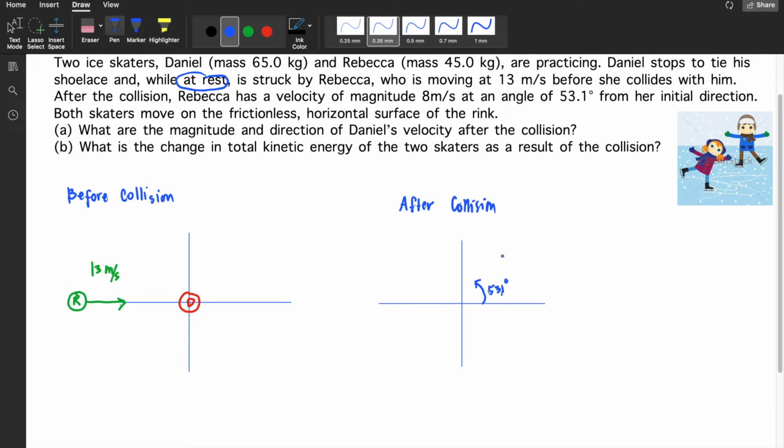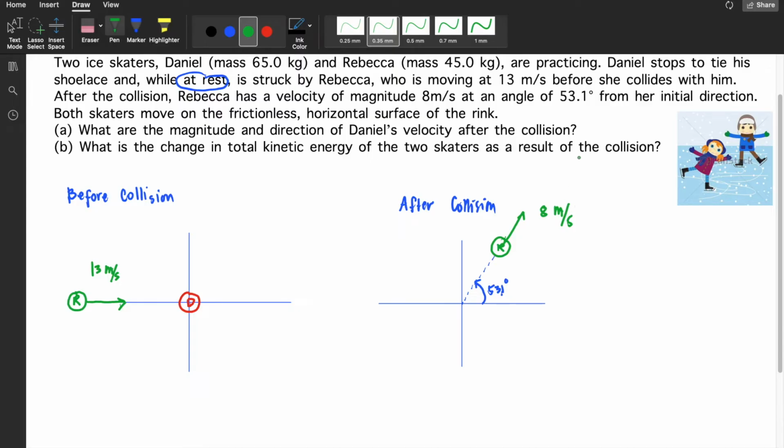The location of Rebecca is simply here in the first quadrant, and its velocity is simply 8 meters per second.